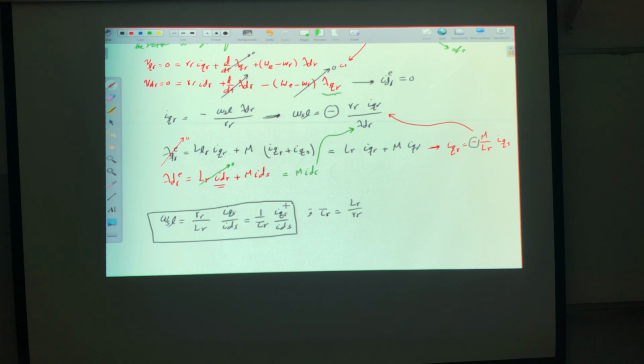Now, the torque. The torque expression was what?